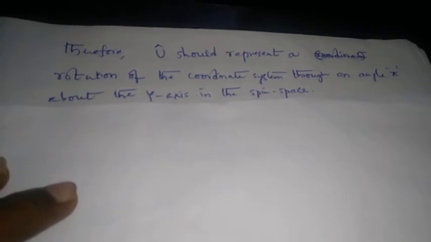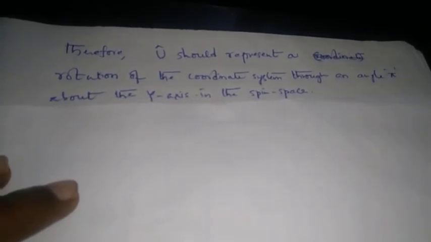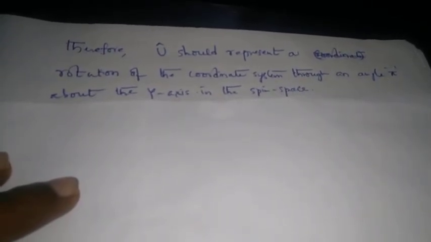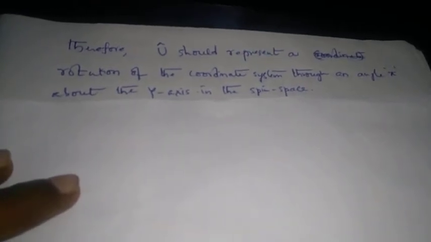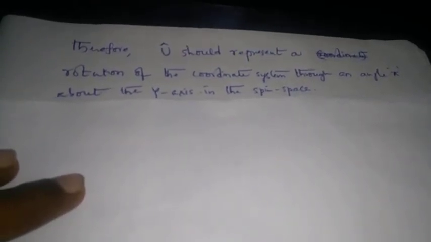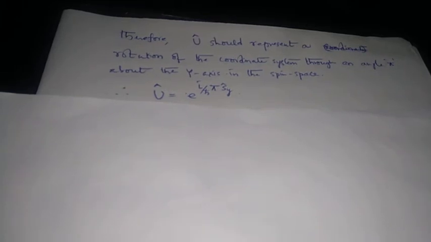Therefore we can say that U should represent a rotation of the coordinate system through an angle pi about the y-axis in spin space, which we can write as exponential of (−i/ℏ) pi Sy.